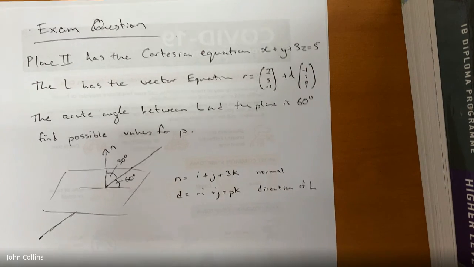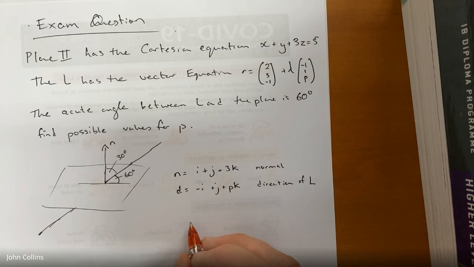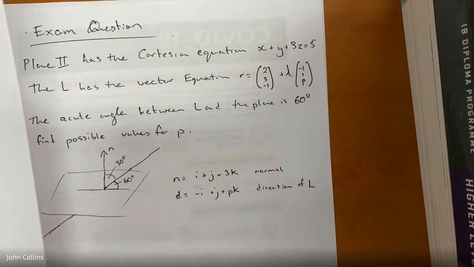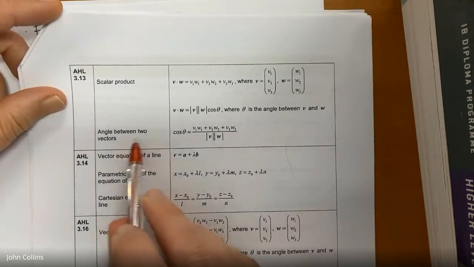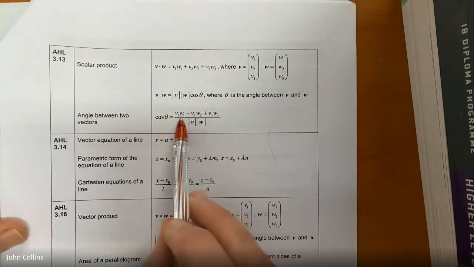Very good. So we're going to use the acute angle. So we would need the scalar product, and we also need the magnitudes of both. Yeah, we need the two magnitudes. So if we take our formula booklet, we are going to use the angle between two vectors, because now we have two vectors here.